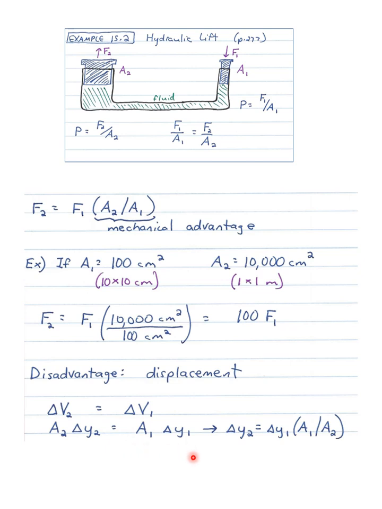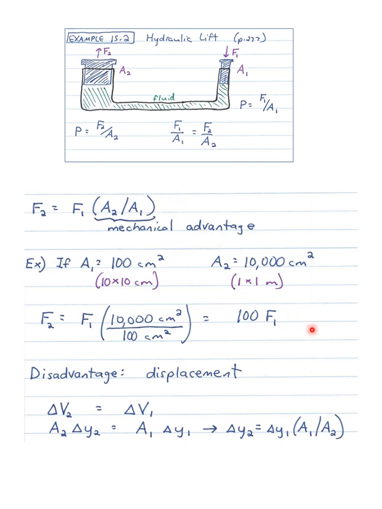So if we solve for delta Y2, which is how high that piston goes up, it is equal to how much distance we pressed down on the other one, but that's going to be offset by the ratio A1 over A2. Notice it's the reciprocal of A2 over A1.